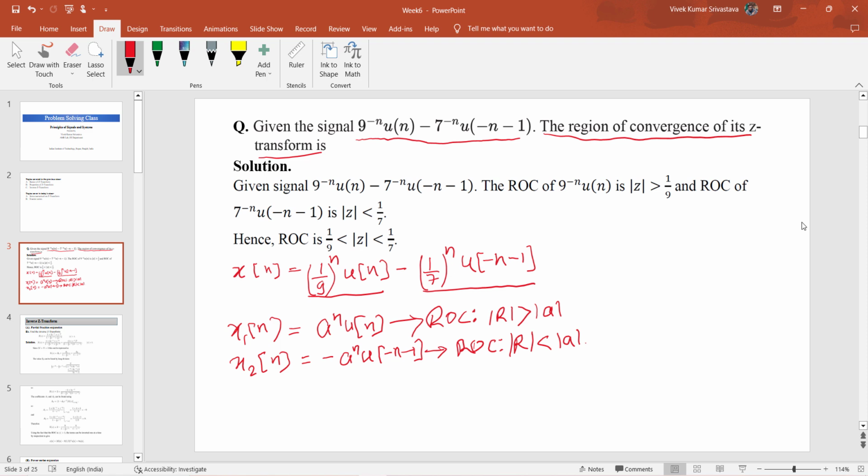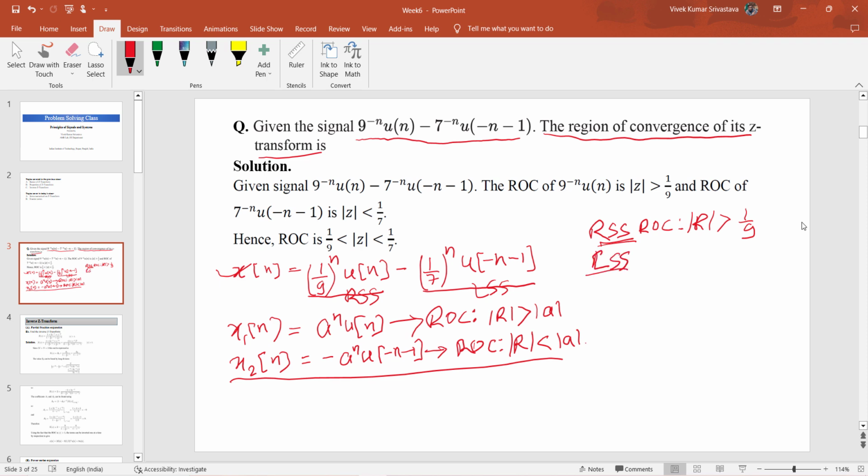If we use this knowledge, we can directly find the ROC of the signal given to us. Here, this is a right sided sequence, whereas this one is the left sided sequence. For the right sided sequence the ROC will be |z| greater than 1 by 9, whereas for the left sided sequence the ROC is defined as mod of z less than 1 over 7.